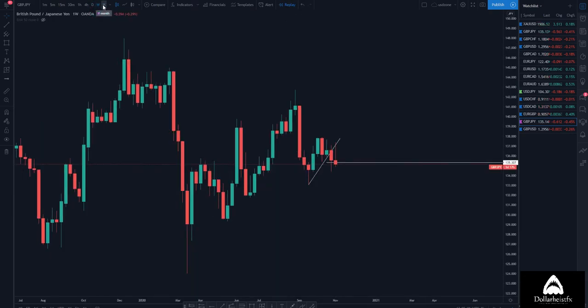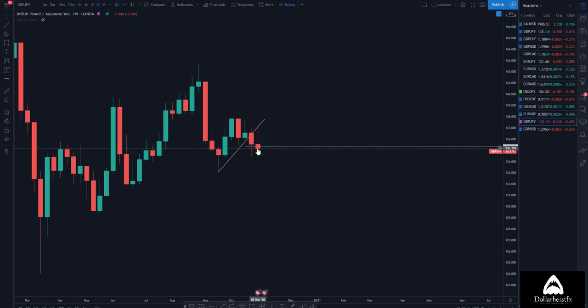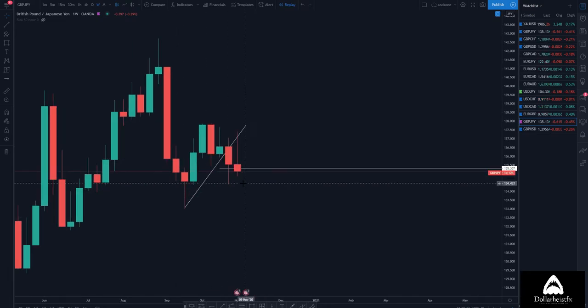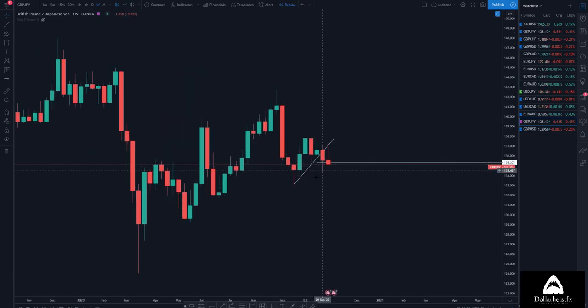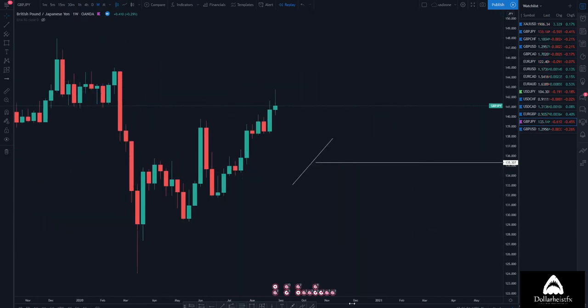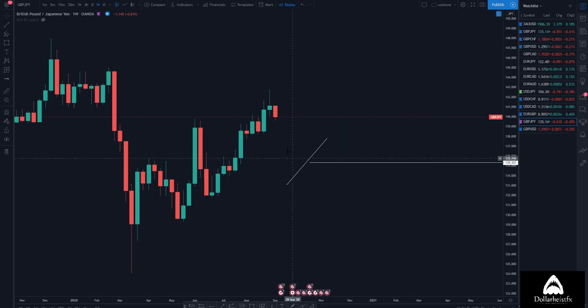As you can see right here, it says one month, which means this one candle represents 1 month. It will close each and every month, and the same goes for weekly. On weekly, this one candle represents 1 week. As you can see, this is a 1 week candle.